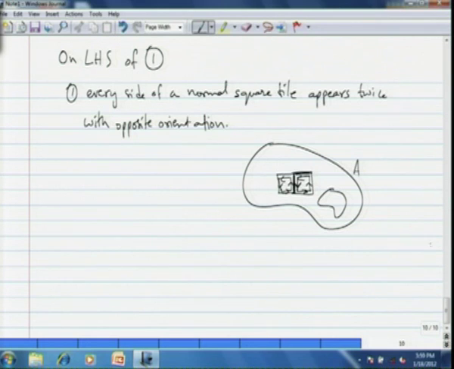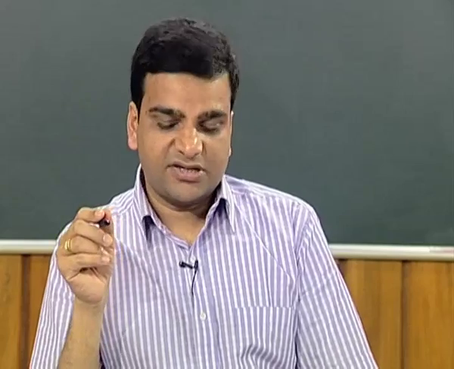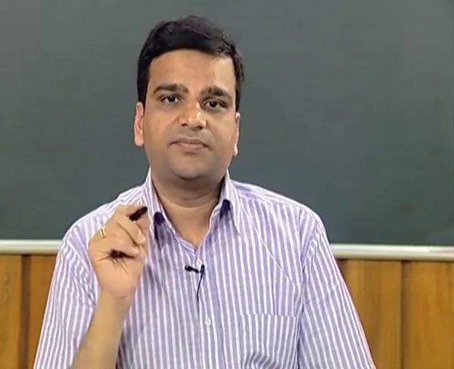So, when you consider a side of a normal square tile, then that appears twice in the integration, once for this tile and once for the other tile. That is one observation.